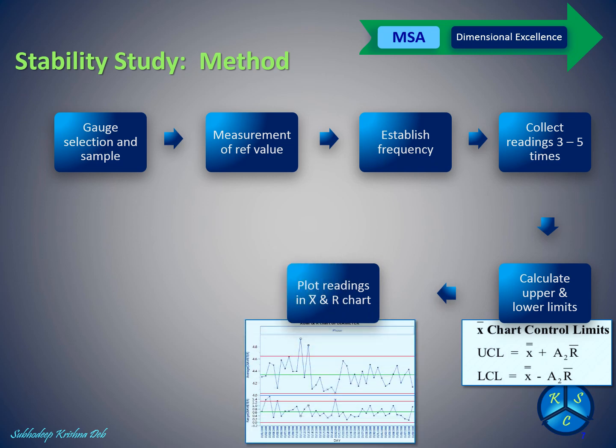In the X bar R chart, the upper portion is the X bar graph, wherein all the averages are plotted, and the lower portion is the range chart. This X bar R chart will tell us the stability of the system, whether there is any special cause present in the system. Then we have to check for stability. What are the procedures or checkpoints that we need to check? We will understand that in the coming slide.